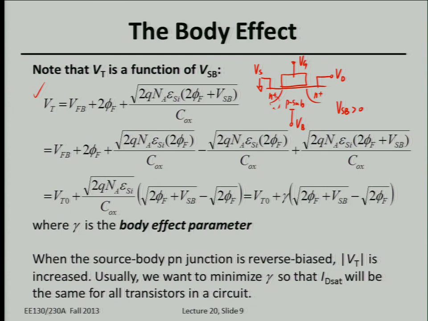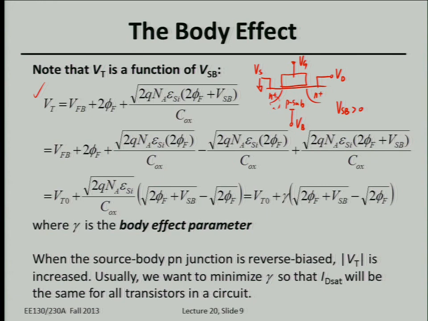If you make VSB negative, we allow forward bias of the p-n junction, and a very huge current component leaks from your substrate to your channel, which causes problems for the MOSFET. In principle you only want to control the MOSFET using the gate terminal, but as long as there is a leakage path making your MOSFET conductive, we lose controllability over the channel.